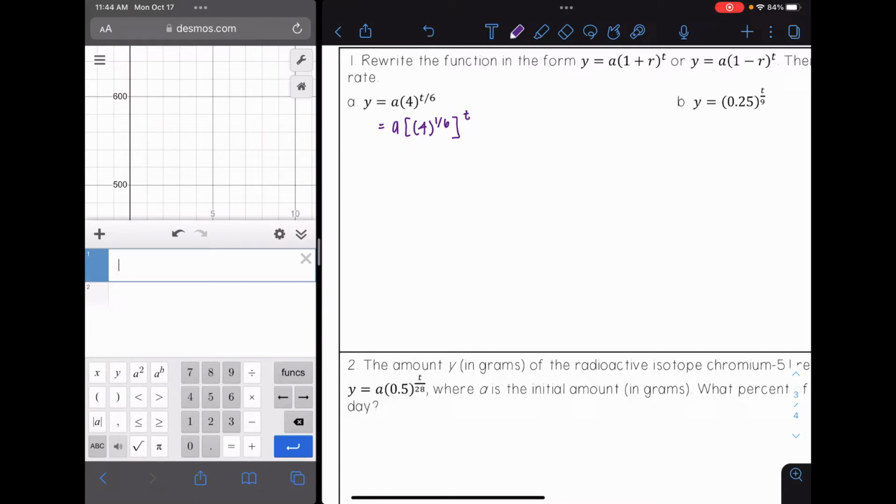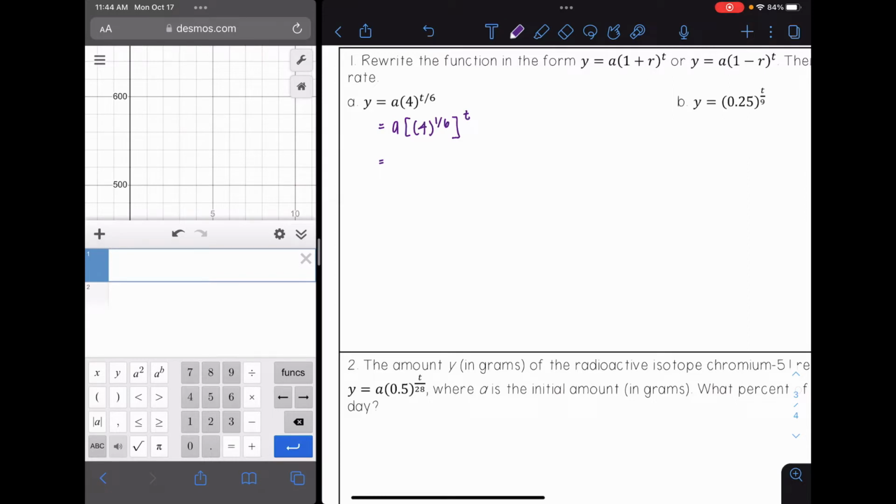The reason I can do that is because from the power of a power property, when we raise an exponent to a power, we multiply those exponents. And 1/6 times t, I get t over 6. So I'm just reversing that power. Now I'm going to evaluate that power.